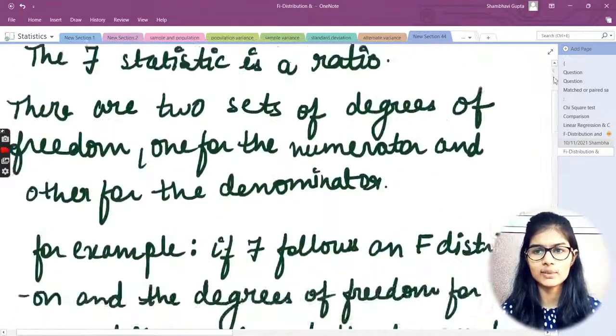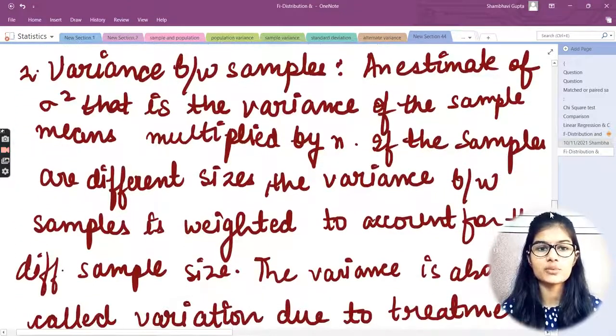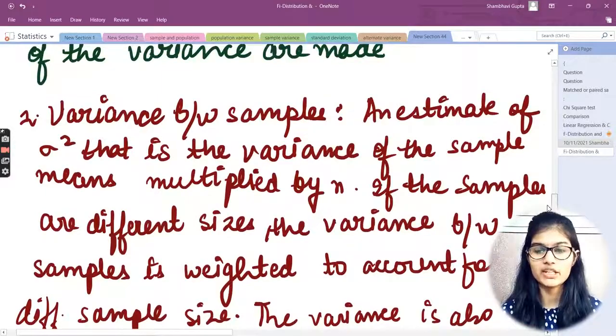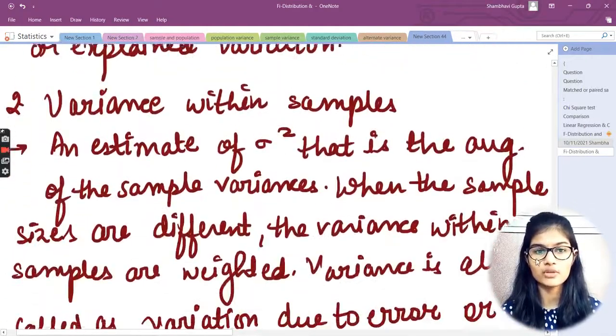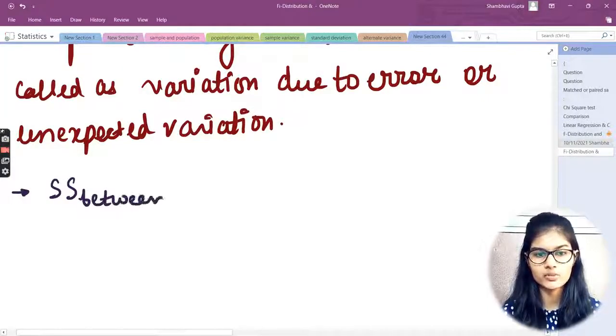So what we had studied was variance between the samples, and variance within the samples. Whenever we write this out, we write it in the form SS, and in the denominator we write between.